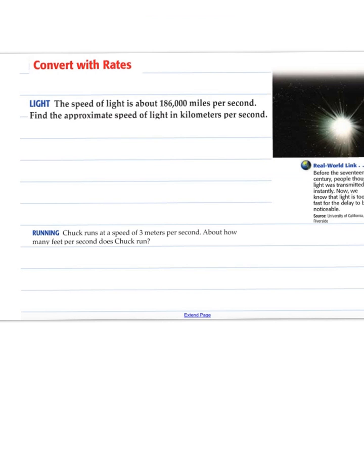All right, now we are converting with rates. So the speed of light is about 186,000 miles per second, and we want to find the approximate speed of light in kilometers per second.